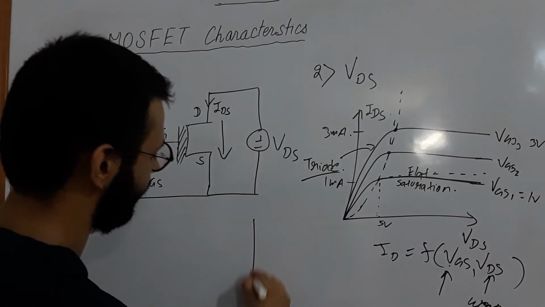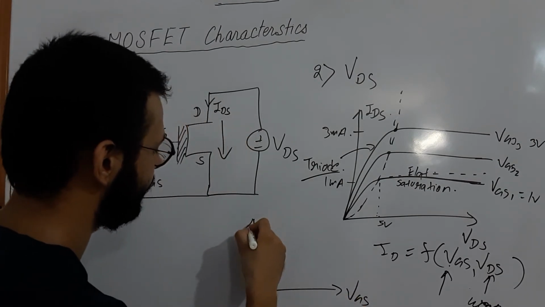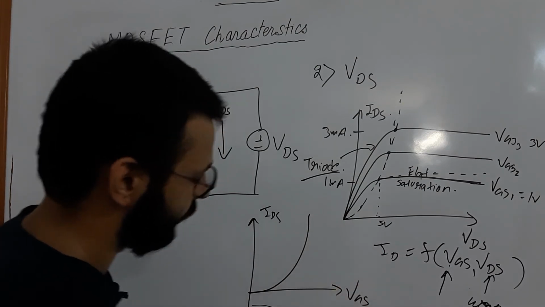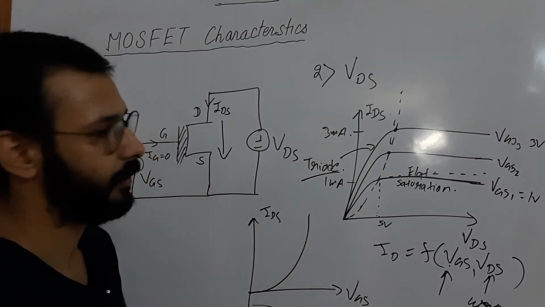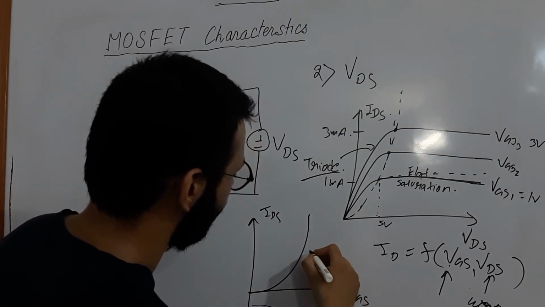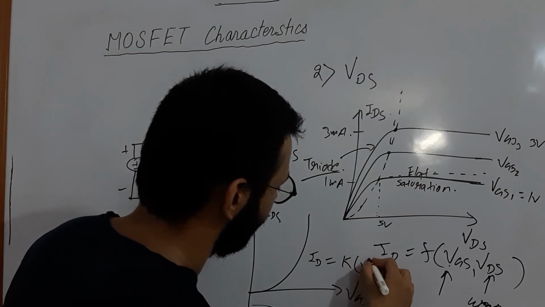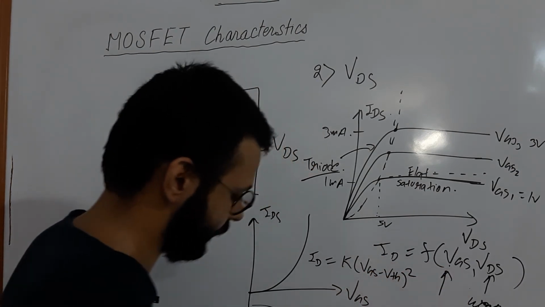Second, this is VGS, I already discussed, and this is IDS. This is the ID current. Then some of you may be thinking about what the equation of the current is. So the current equation is ID is equal to K times (VGS minus VTH) whole square.